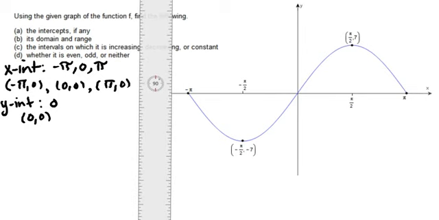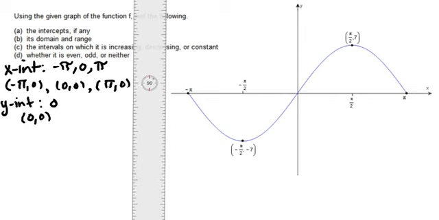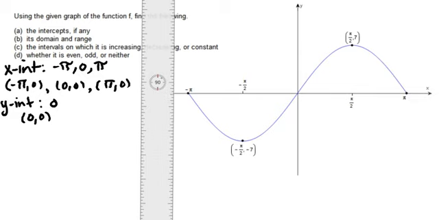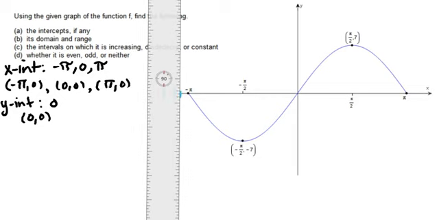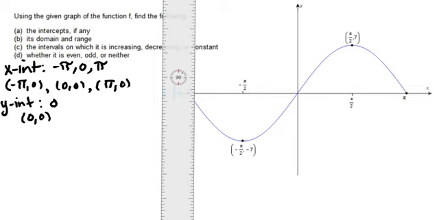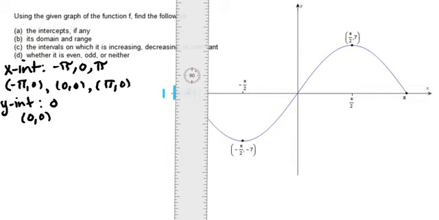Okay, so with my ruler, I'm holding it vertically to find the domain. The reason I'm holding it vertically is because the ruler is marking off x values when you hold it vertically. And remember, with domain, we're looking for the x values of this graph.